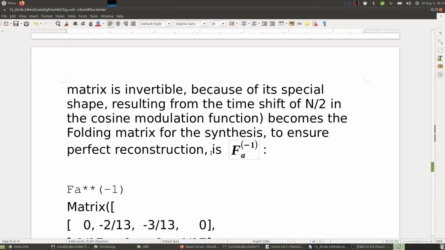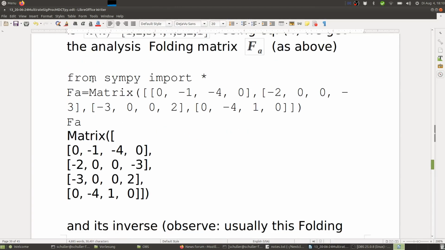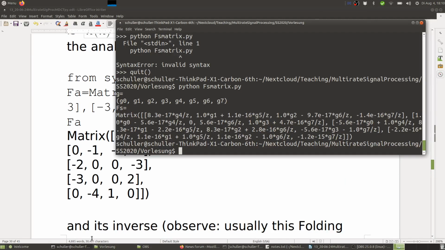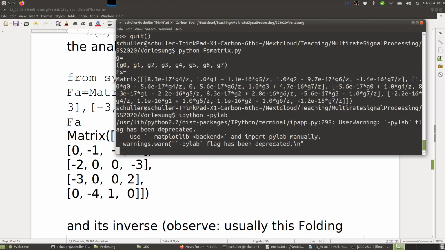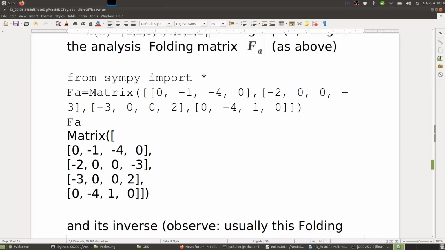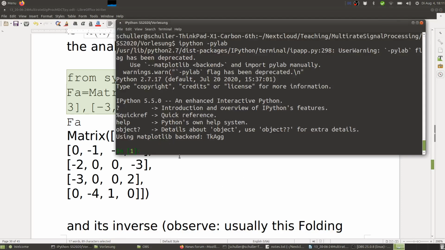Right. So let's try it again using SymPy, IPython, minus pylab. So from SymPy, import star, import everything, and then here I'm defining my matrix.